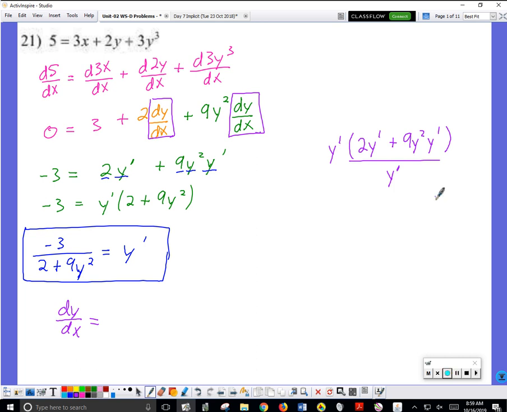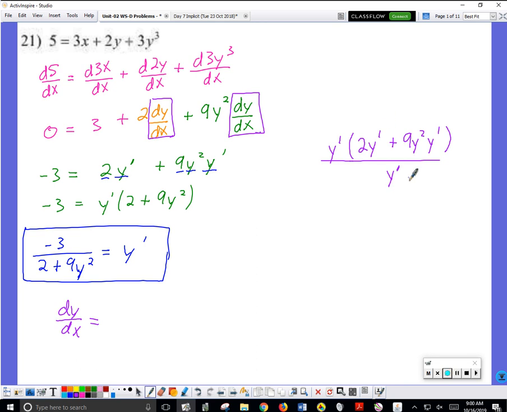Most teachers never show this, but I have found this helps some people. When we factor, what you really do is multiply and divide simultaneously. So here's my expression. I'm going to multiply this expression by y prime. But to make sure I still have the same thing, because you can't change the equality, I also divide by y prime. If I multiply and divide by the same thing, I'm just multiplying by 1. It's the most common algebra trick we always use: multiply by a special version of 1. Are we good here?